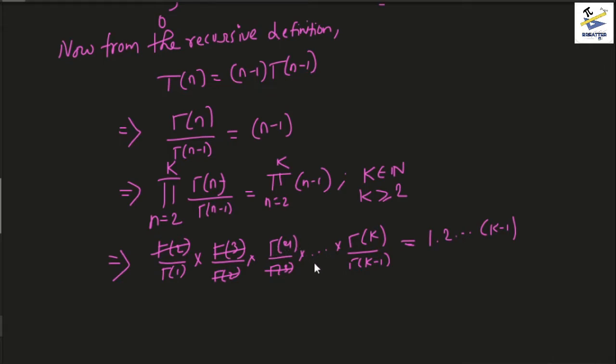Similarly, this gamma 4 will cancel off with the next part. Similarly, this gamma k minus 1 will cancel off with the numerator of the previous expression, right? What will be left is gamma k and gamma 1. So what we will have is gamma of k by gamma of 1 equals k minus 1 factorial.